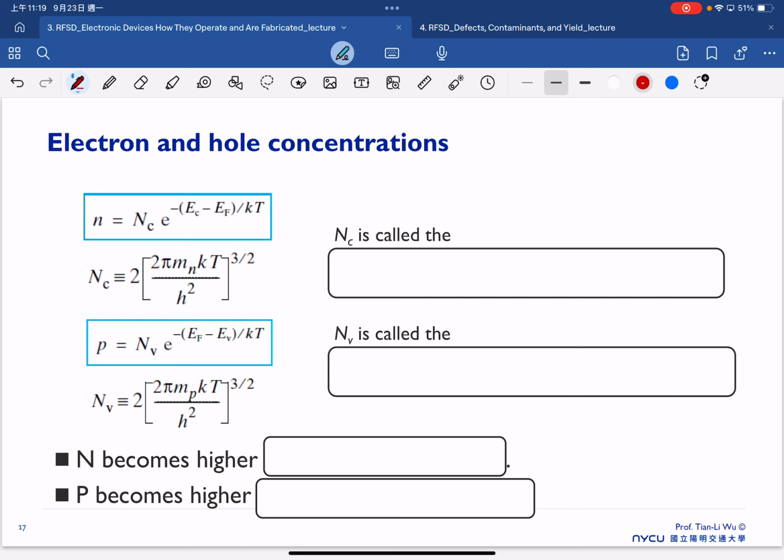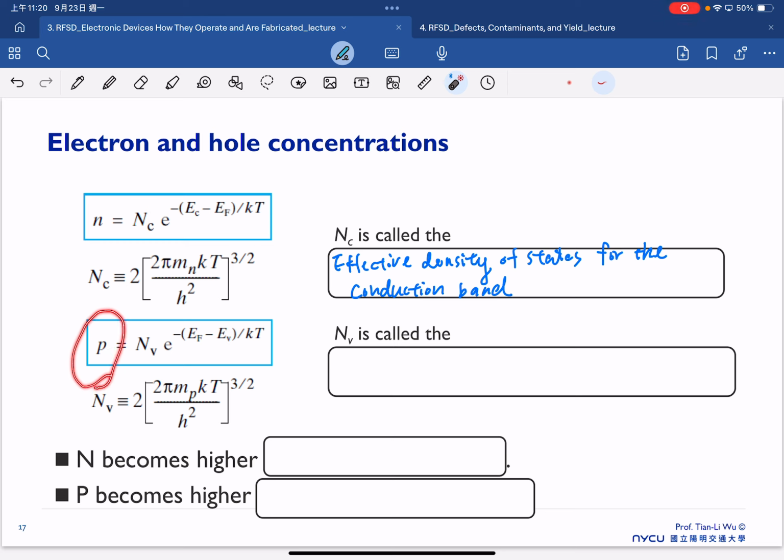NC is called the effective density of states for the conduction band. And also we can have the hole concentration equal to NV exponential minus EF minus EV over KT.